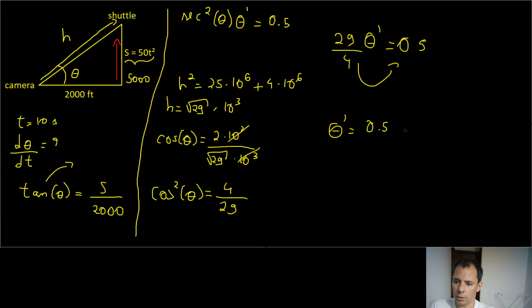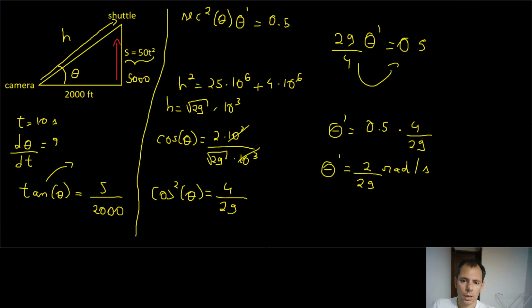I'm going to do this slowly. Times 4 divided by 29. Half times 4 equals 2. So it's going to be equal to 2 divided by 29 radians per second.